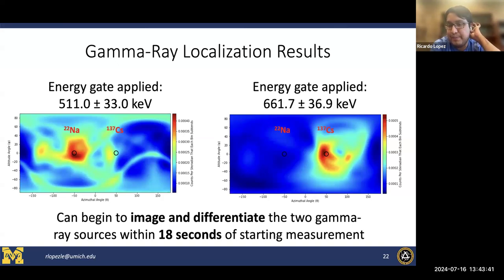These simple back projected images are the result of the data collected within the first 18 seconds of starting the data acquisition. So I'm just showing here that even with such a small acquisition time, we're still able to have a general sense of where the sources may be situated, as indicated by the circular outlines representing where the sources were during the experiment.